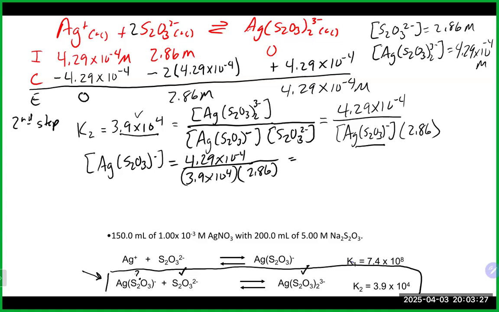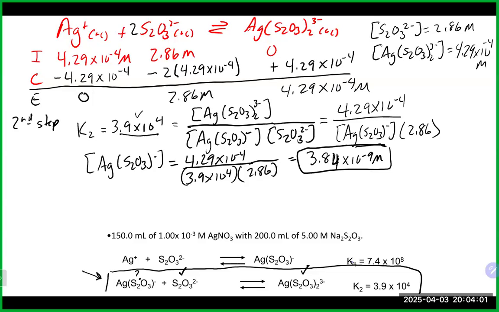That's going to give me something with a lot of zeros, I suppose. I'll go scientific notation for chemistry purposes. 3.84 times 10 to the minus 9 molar.